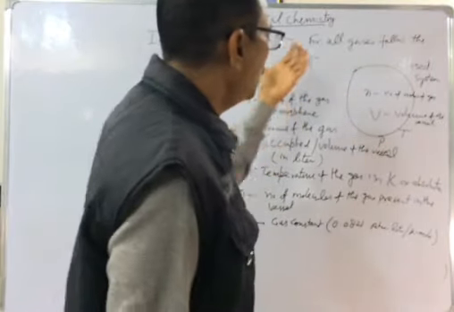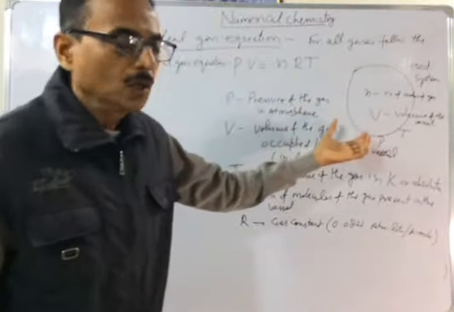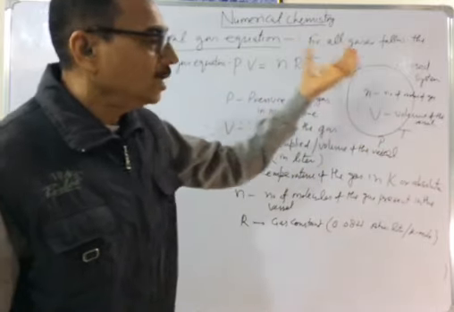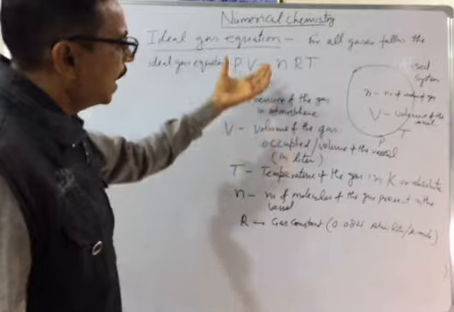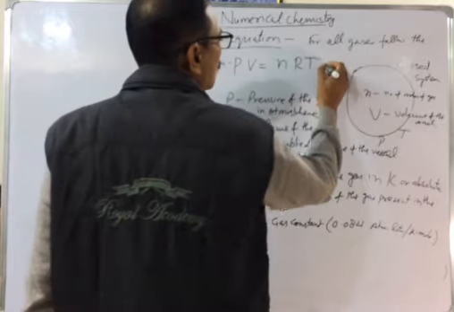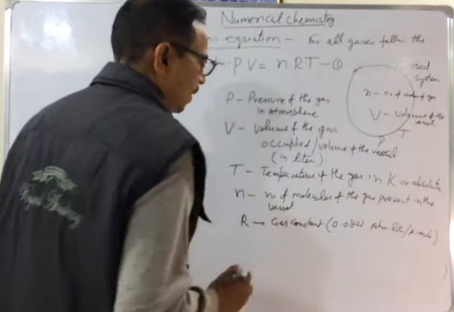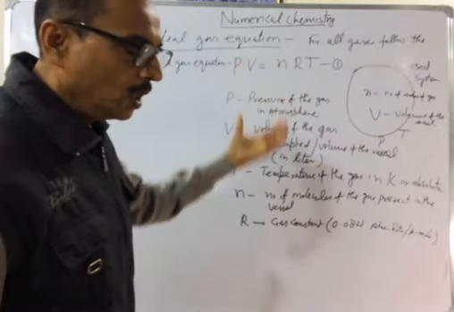So if more than one gas is present here, what will happen? I will discuss that here. This equation can be generalized in many forms. This is one. I think you note down all these things.